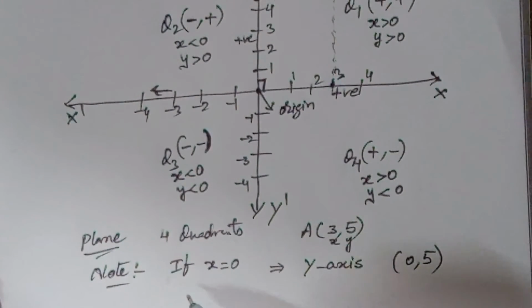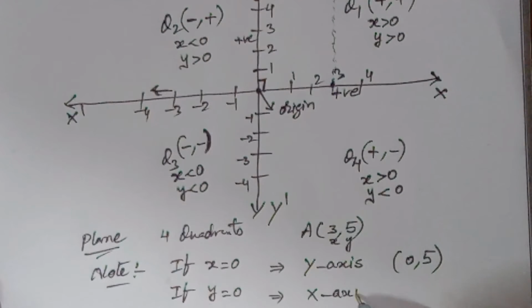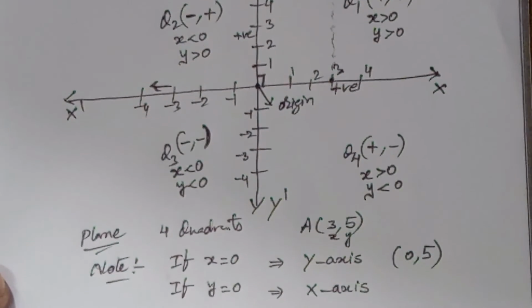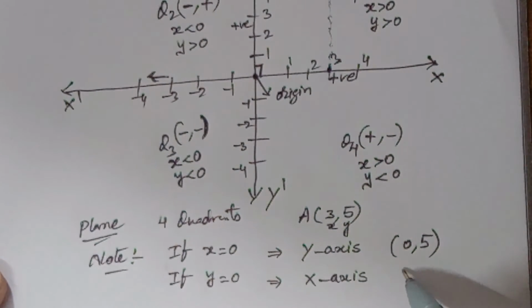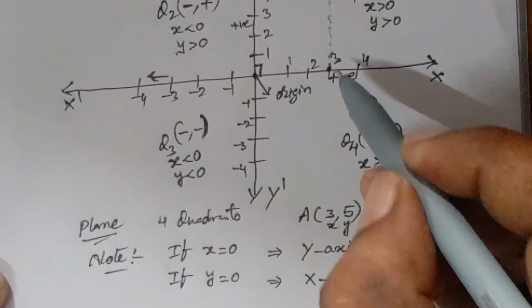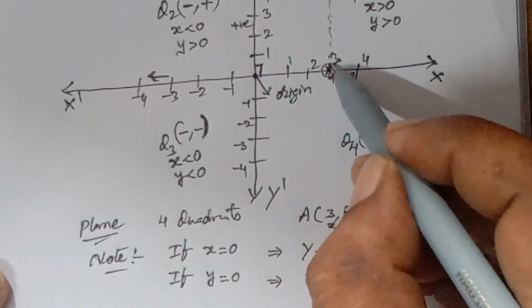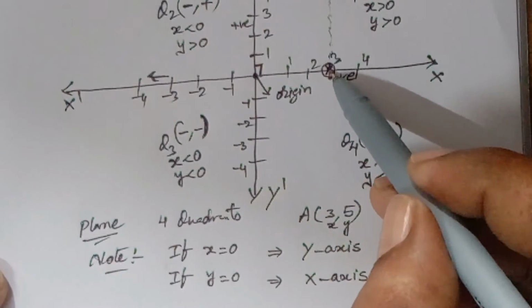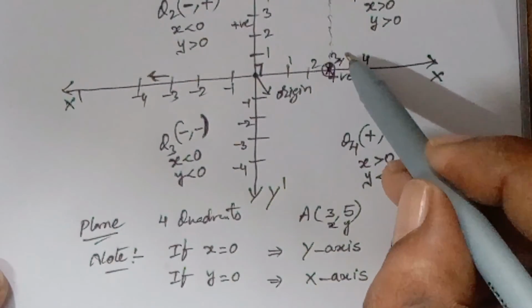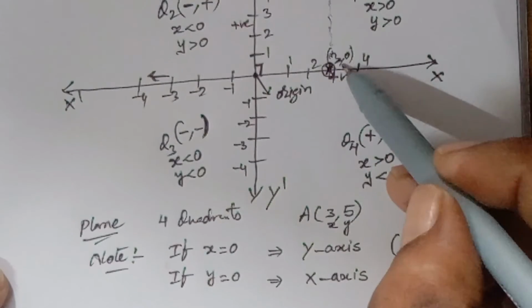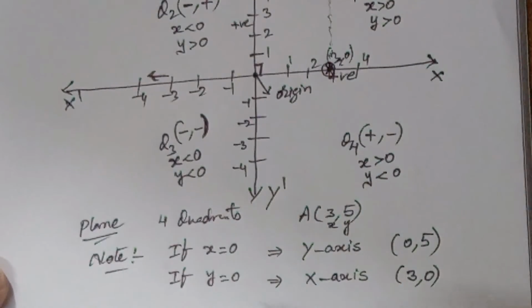In the same way, if the y value is 0, the point lies on the x-axis. Suppose you take (3, 0): the point lies on the x-axis.